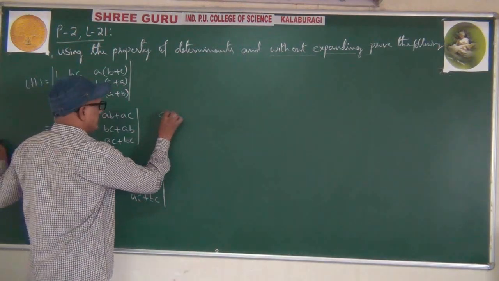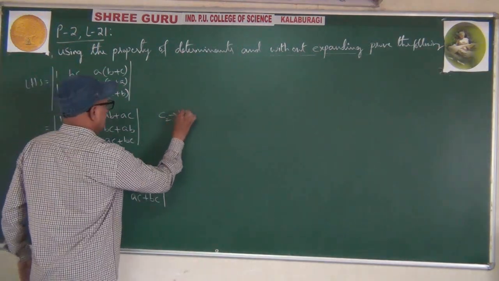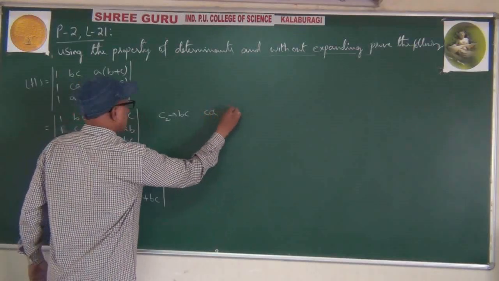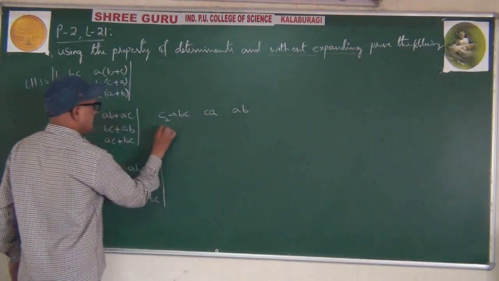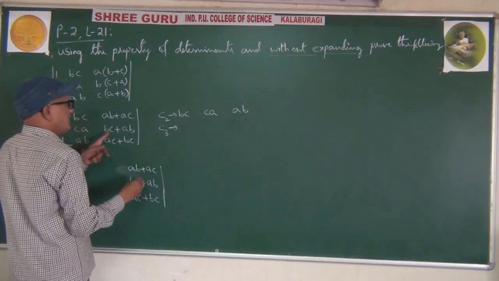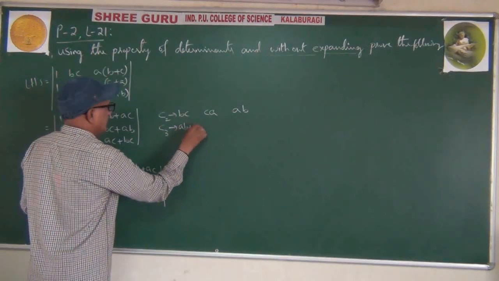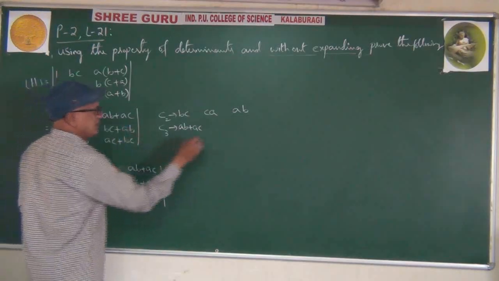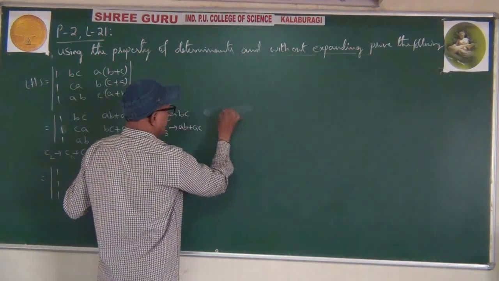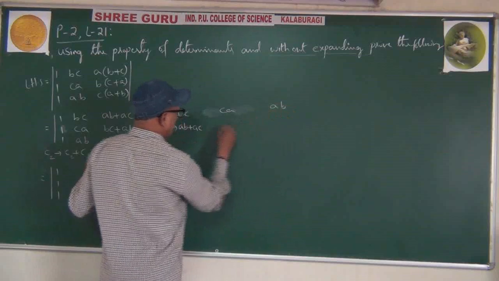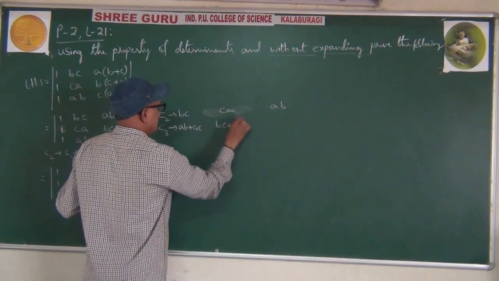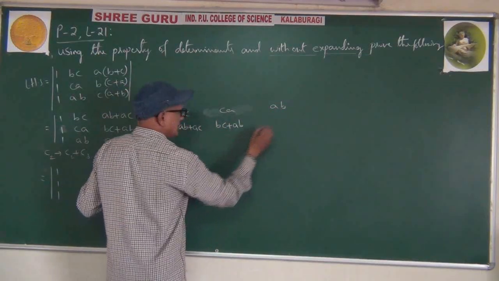What are the elements in C2? BC, CA, AB. And C3: AB plus AC, BC plus AB, AC plus BC.